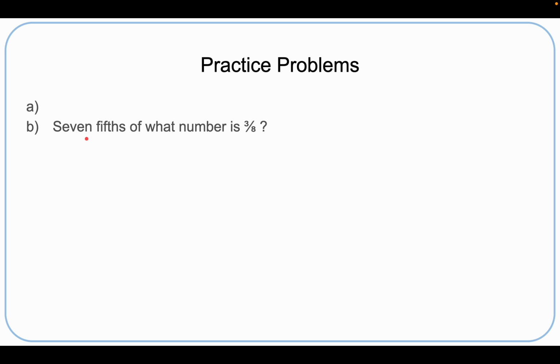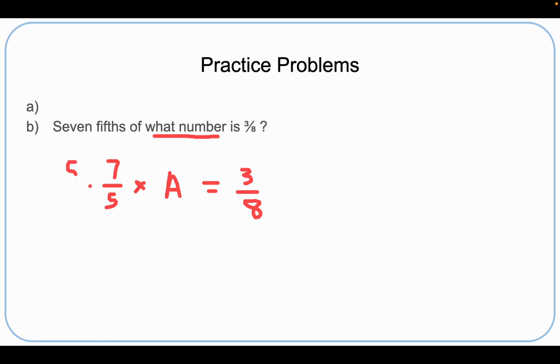Next, 7/5 of what number is 3/8? So 7/5 of what number, there's our unknown, is 3/8. So to isolate A, we need to multiply by the reciprocal to cancel this out.